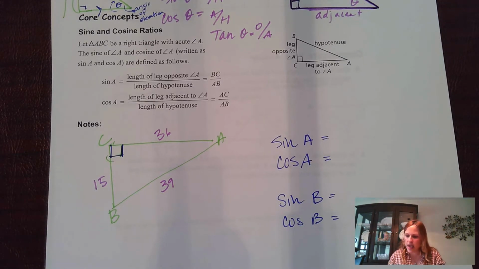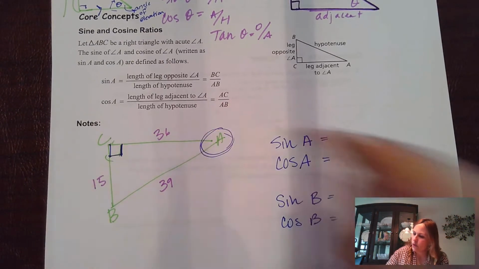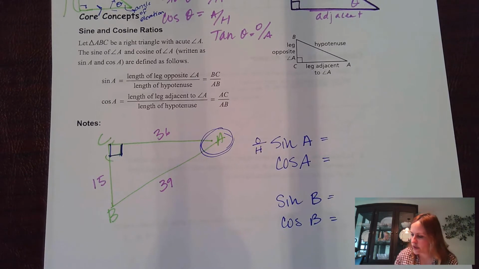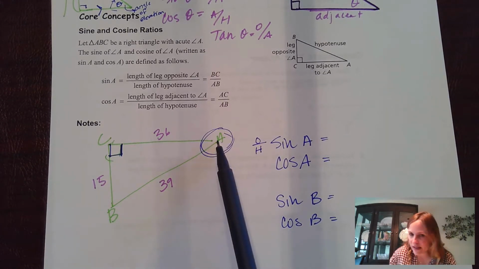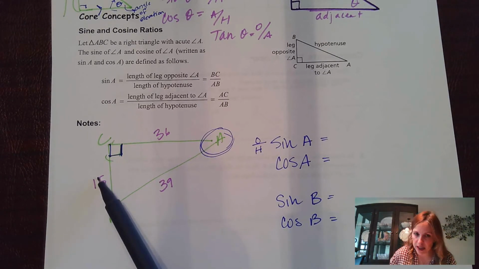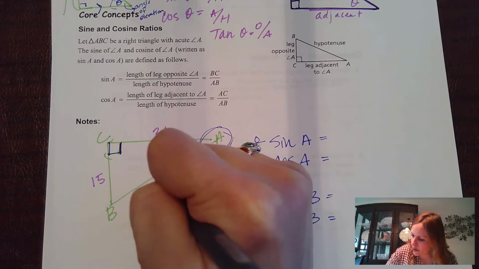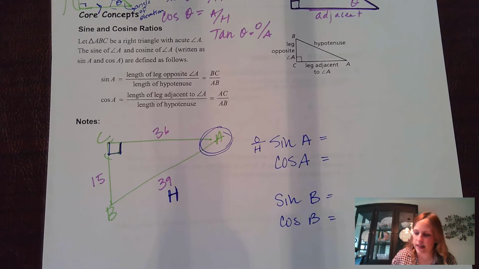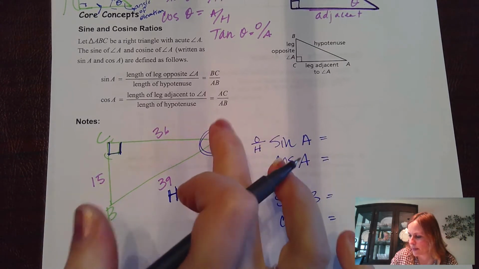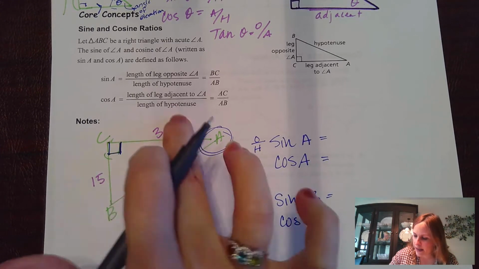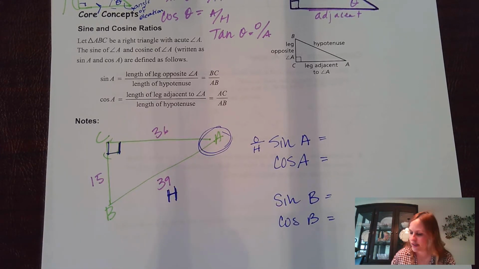If angle A is where I'm starting, remember that sine is opposite over hypotenuse. Remember that whole SOH CAH TOA thing. So the opposite side to A is 15, and the hypotenuse side is 39. I'm going to label this with an H because that's going to stay put regardless of whether I'm talking about angle A or angle B. The only thing that changes when I change to angle B is that my opposite and adjacent switch sides.